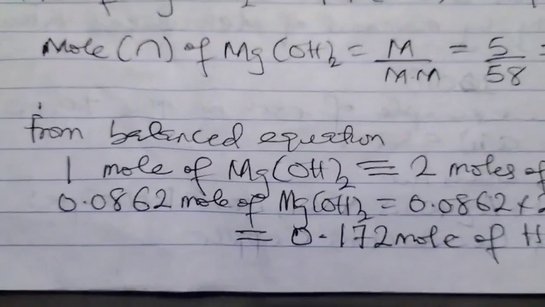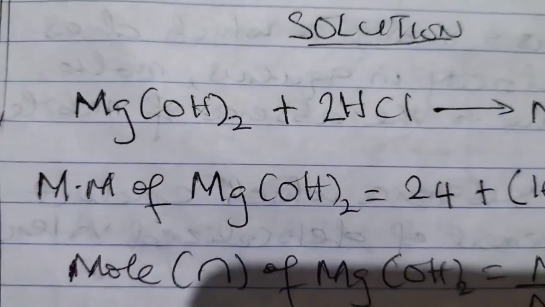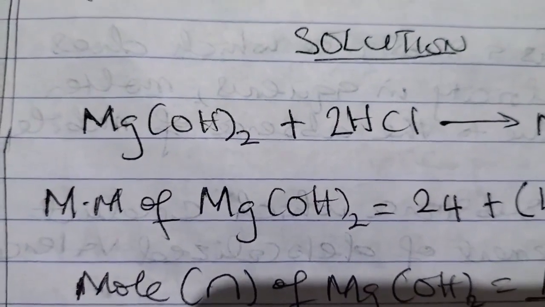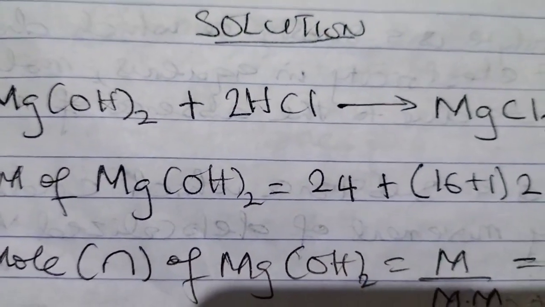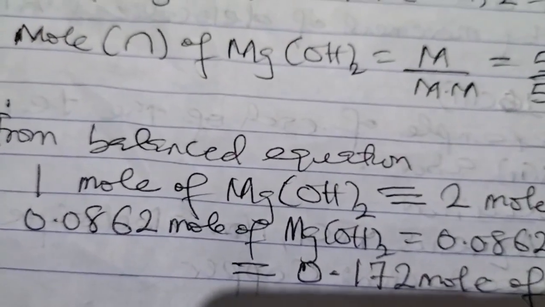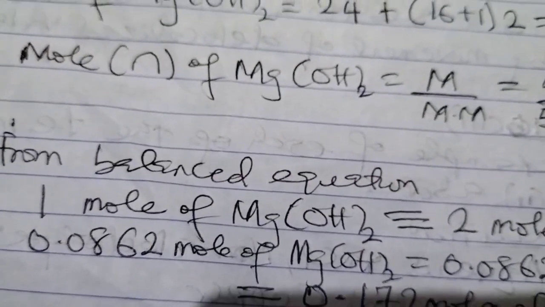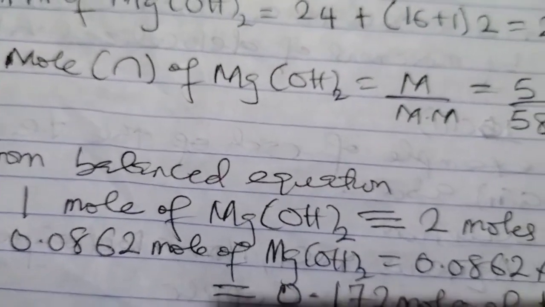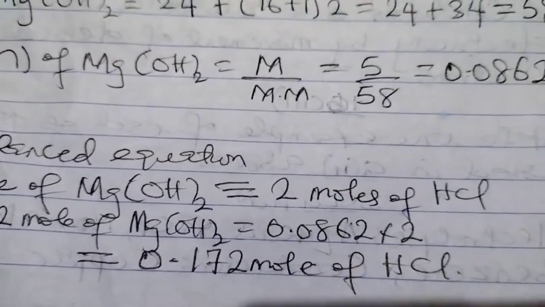For the balanced equation, you can see 1 mole of Mg(OH)2, that is magnesium hydroxide, is equivalent to 2 moles of HCl.